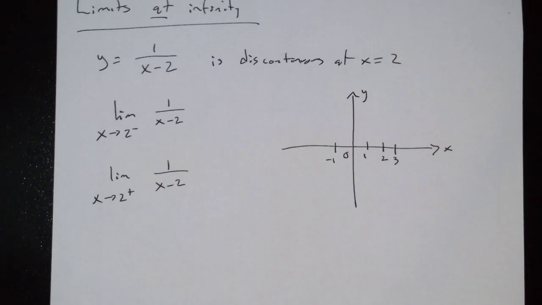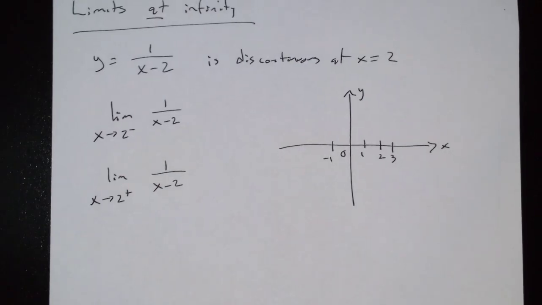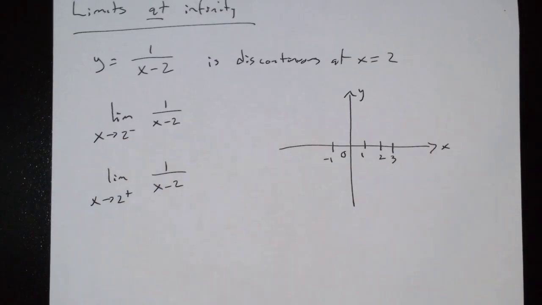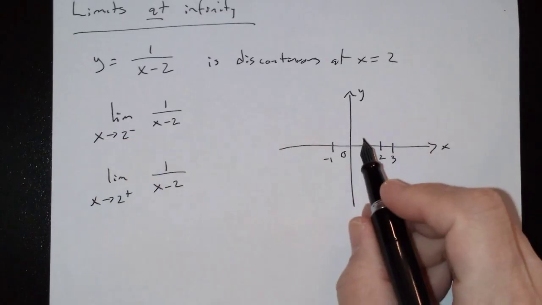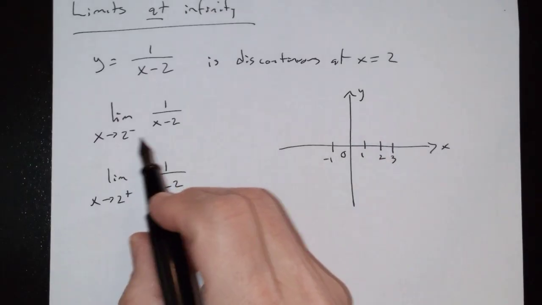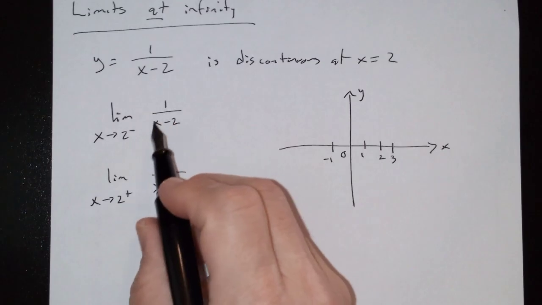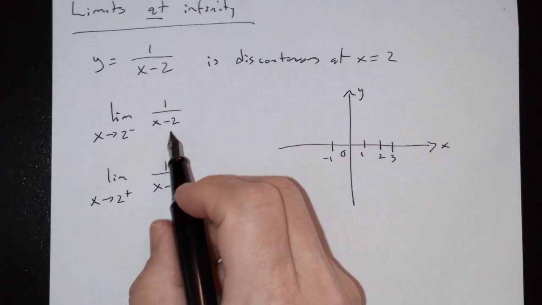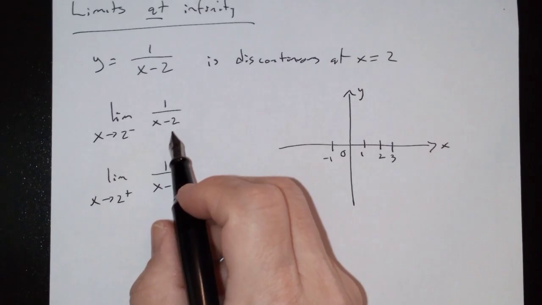When x is very, very close to 2, but still smaller than 2, so we're on the left side of 2. Let's say 1.9. I put in 1.9 here, I get negative 0.1. I do 1 over negative 0.1, I get a negative 10.